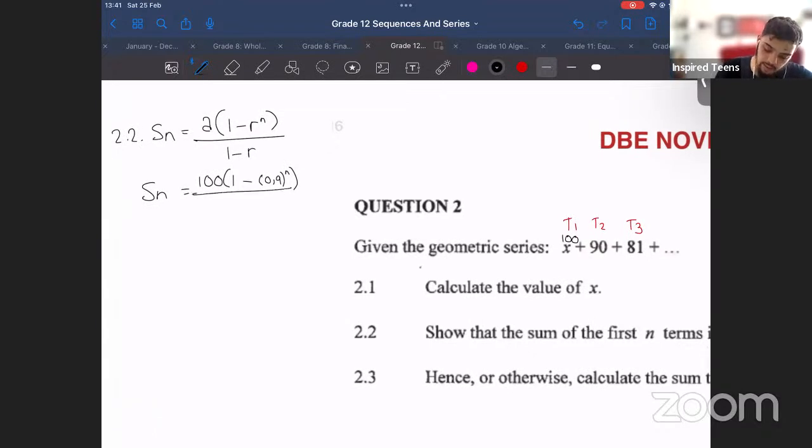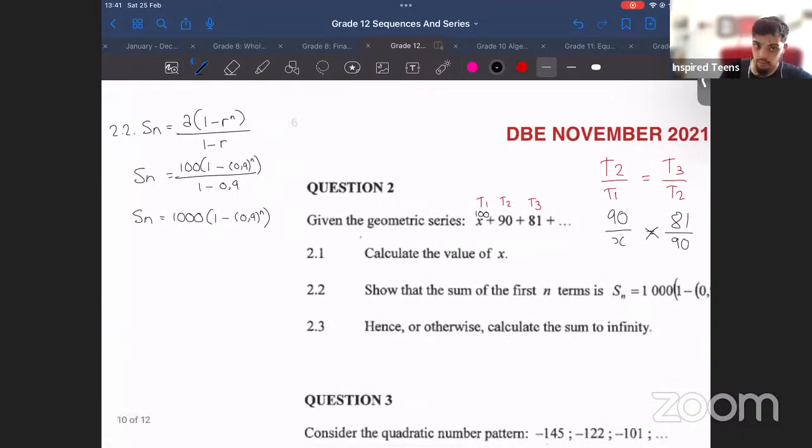Then we have 1 minus r, which is 1 minus 0.9, which is 0.1. So 100 divided by 0.1 is 1,000. You get 1,000 into 1 minus 0.9 to the n. So we've proved it.